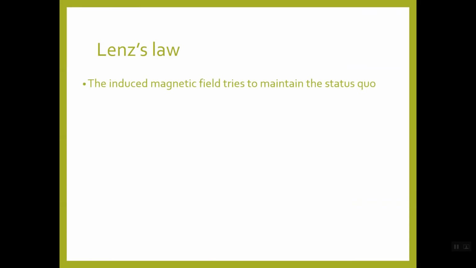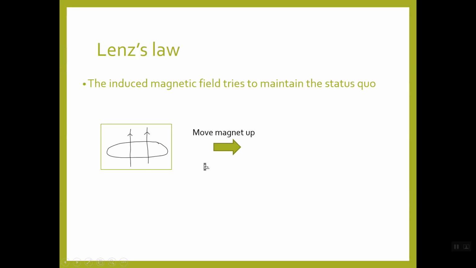So what it's telling us is that the induced magnetic field always tries to maintain the status quo. So if we have a situation where we have two magnetic field lines going through this current loop, and we move the magnet up through this current loop, so we increase the number of field lines going through the current loop.